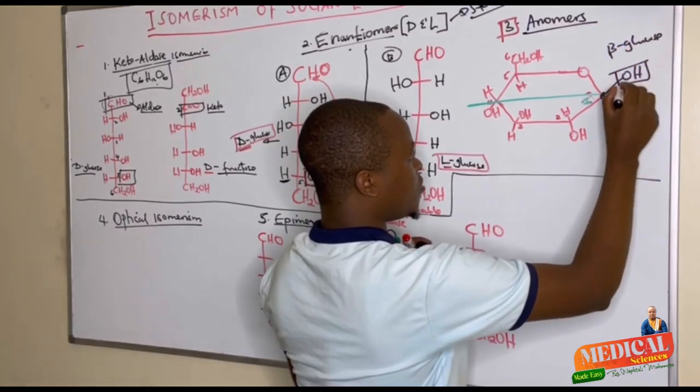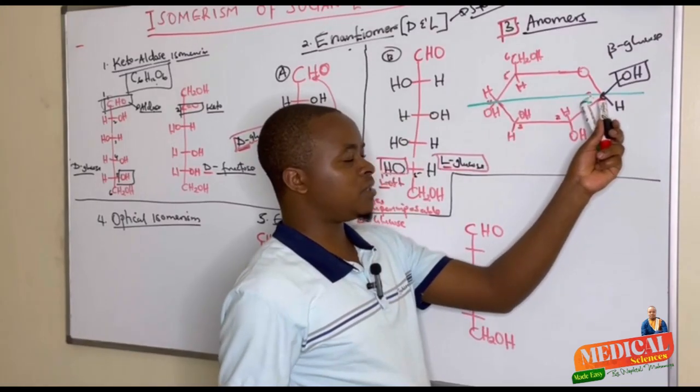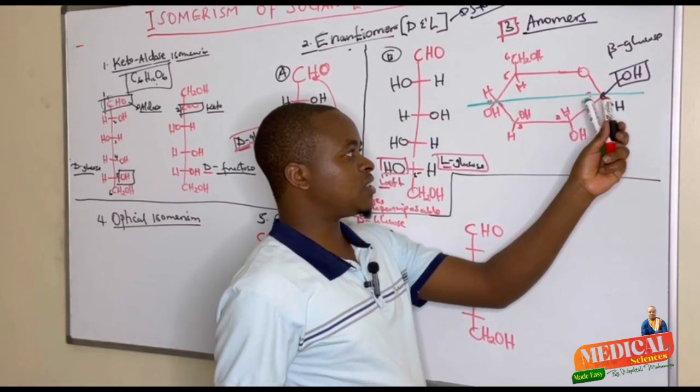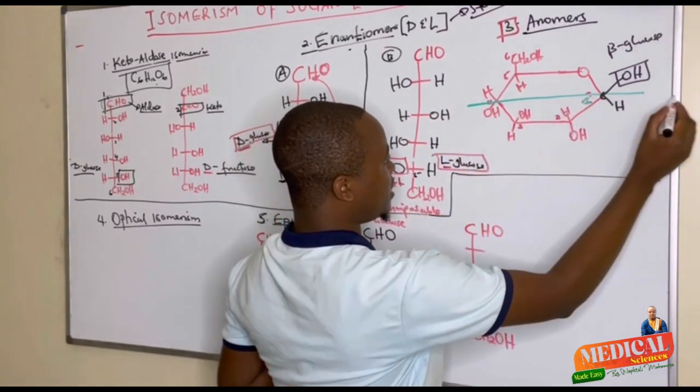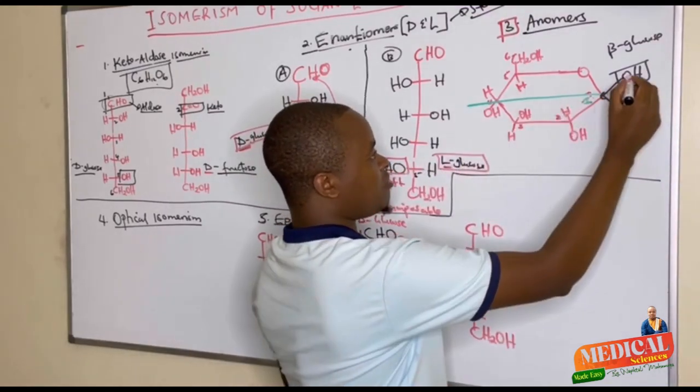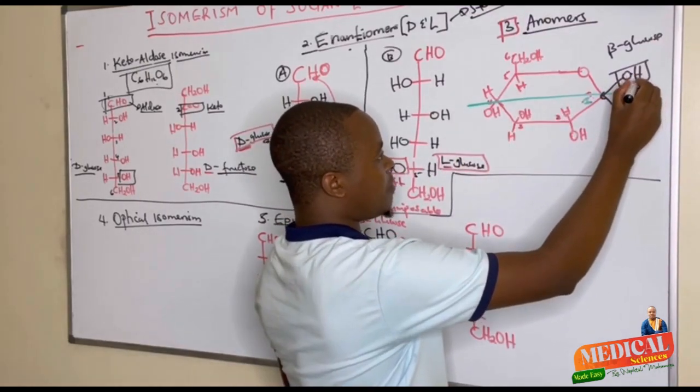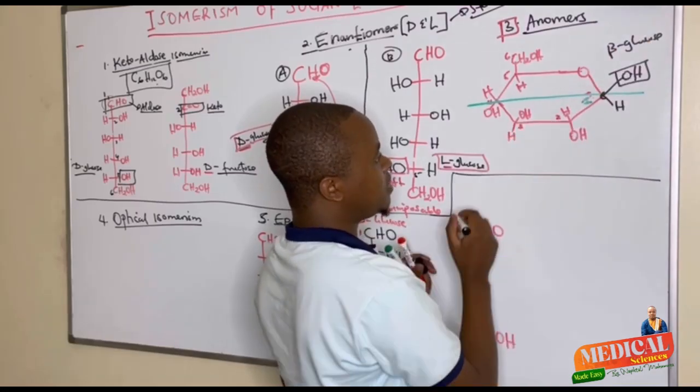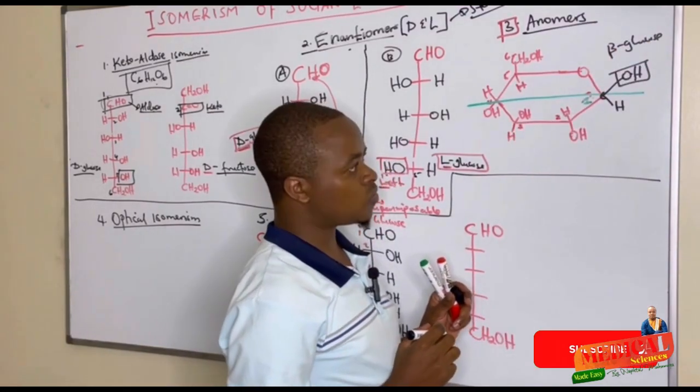When the OH group at the anomeric carbon is above the plane, if I put a plane in the middle and I find the hydroxyl group at carbon number 1 is above the plane, that is known as beta glucose.